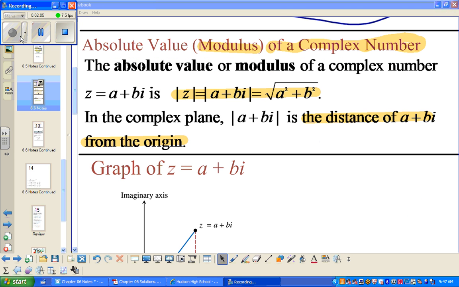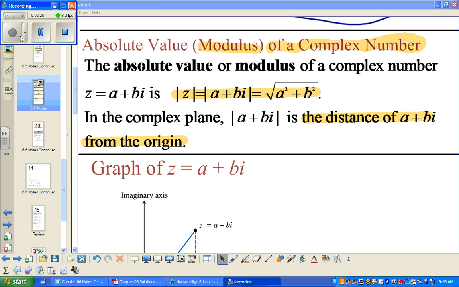We also can take the absolute value or modulus of a complex number. I like to use the term modulus because when you think absolute value, you think of something different generally, although it is the same concept.